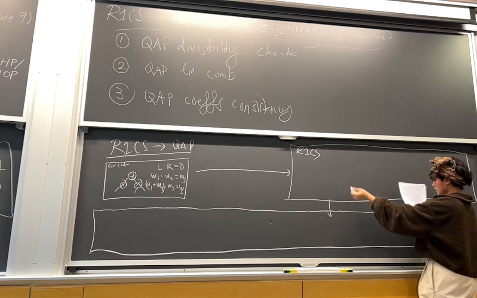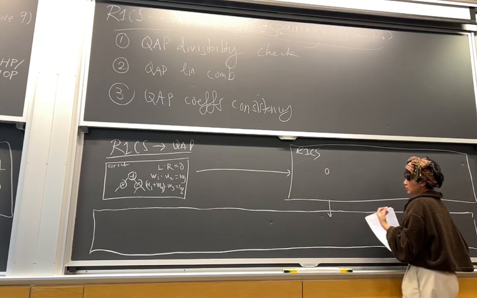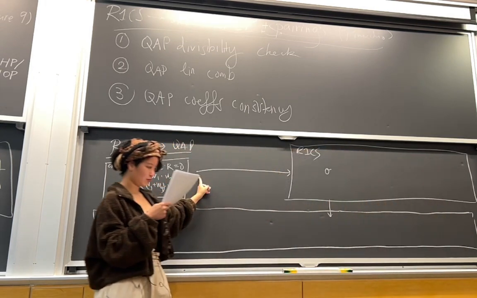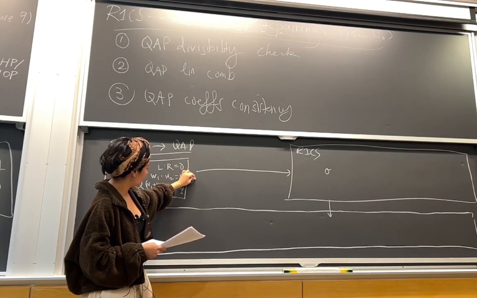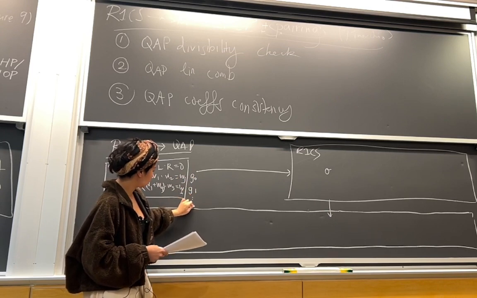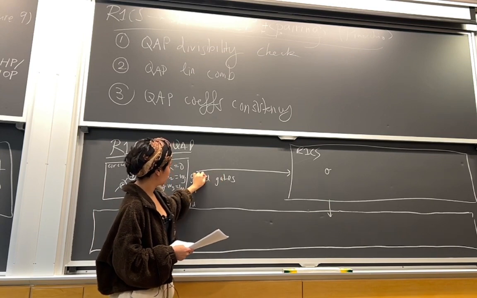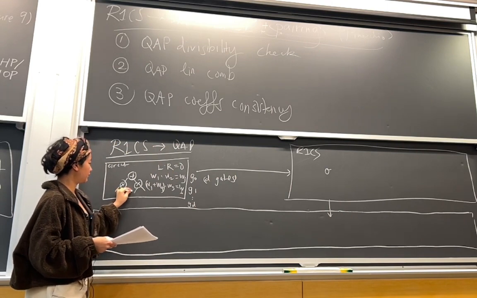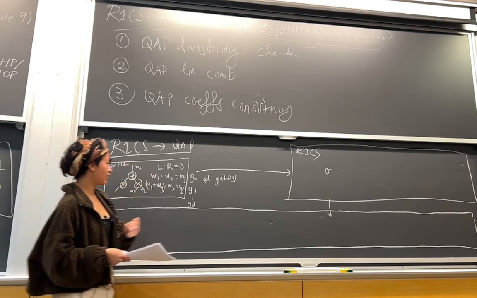So let's say for the output matrix, and by the way, I'm going to number the gates G0, G1, all the way to GD. I have D gates. And I'm going to label the wires W1, W2, all the way to WM. So I have M wires.